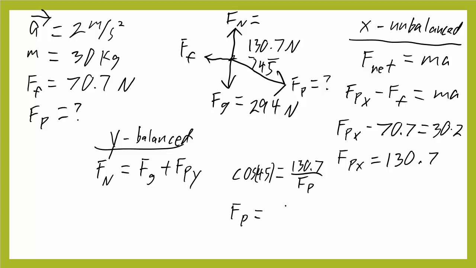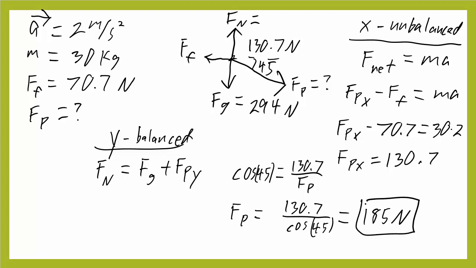So push force equals 130.7 over cosine 45. Okay, and we end up with a push force of 185 newtons. So we had to push almost twice as hard to get this to accelerate. We could then go find our normal force, but it wasn't asked for. So there you have it. These are the types of problems you'll be dealing with. Have fun.